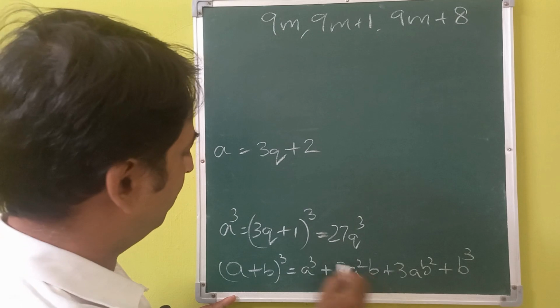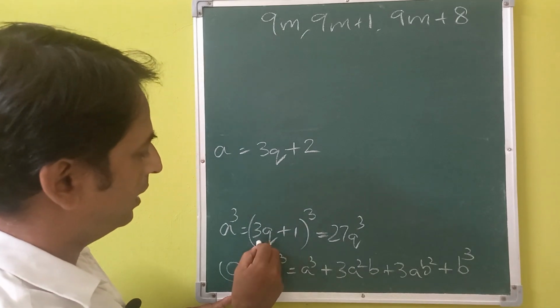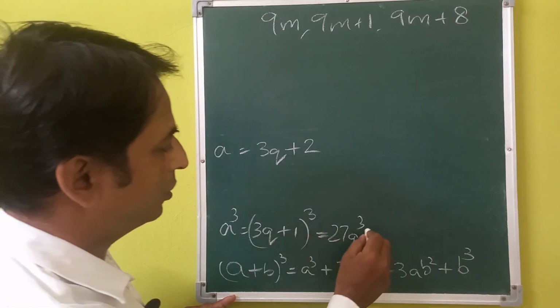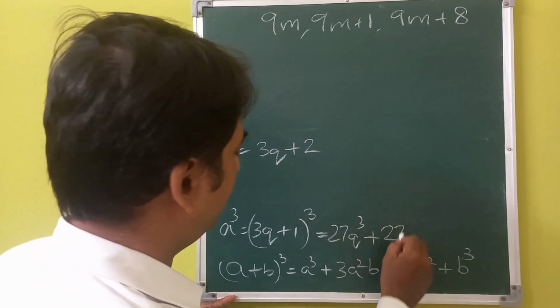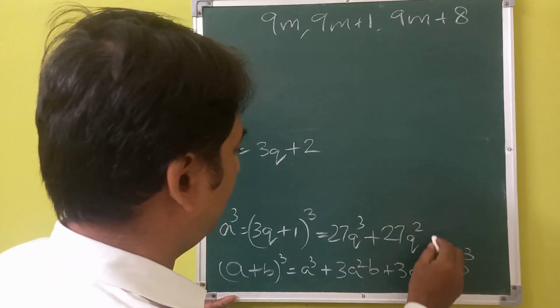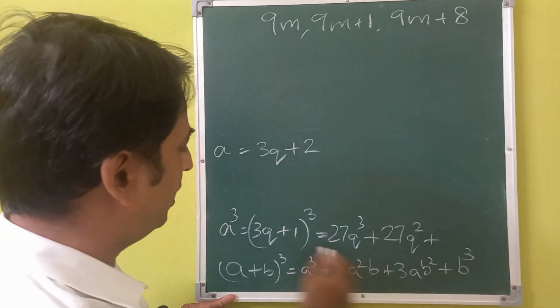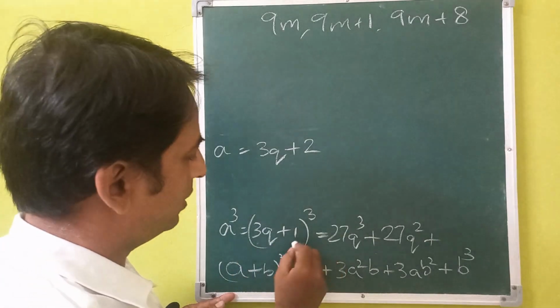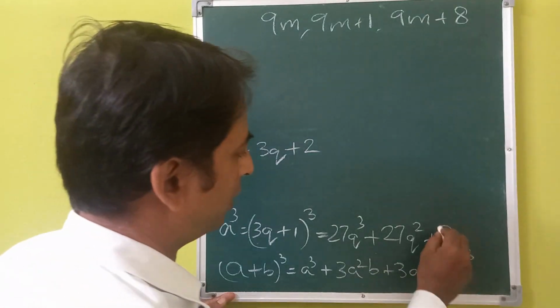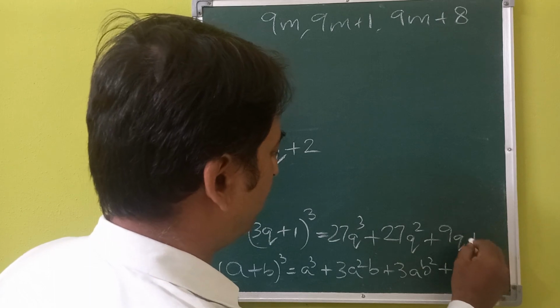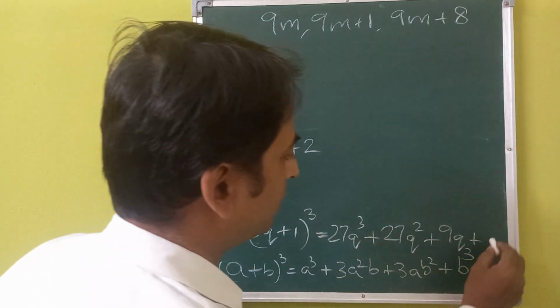Then 3a square b will be 3 times 9q square times 1, so that will be 27q square. Plus 3ab square, 3 times 3q, so that will be 9q, plus b cube is 1.